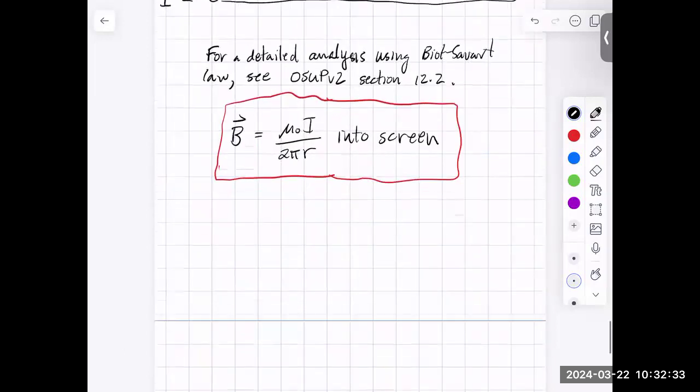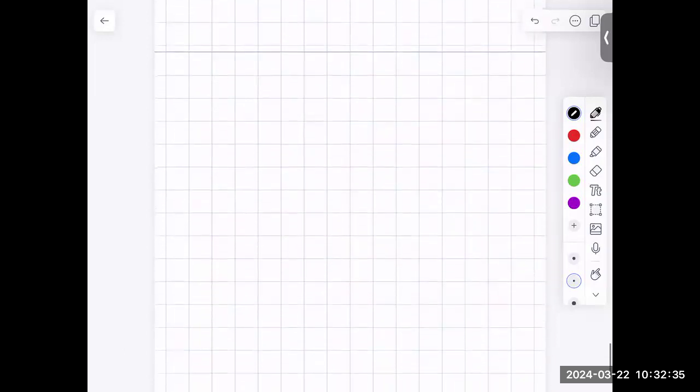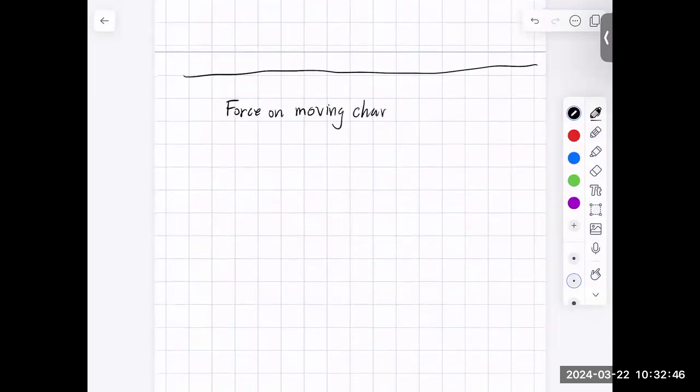Okay, so we'll start kind of a new topic here. So this is the force on a moving charge is what we'll start with, due to a magnetic field B. Okay, so let's imagine that we have a region of space where we have a magnetic field.